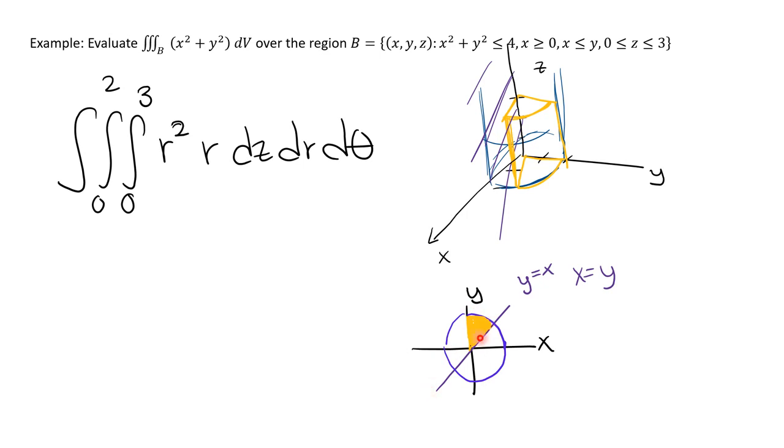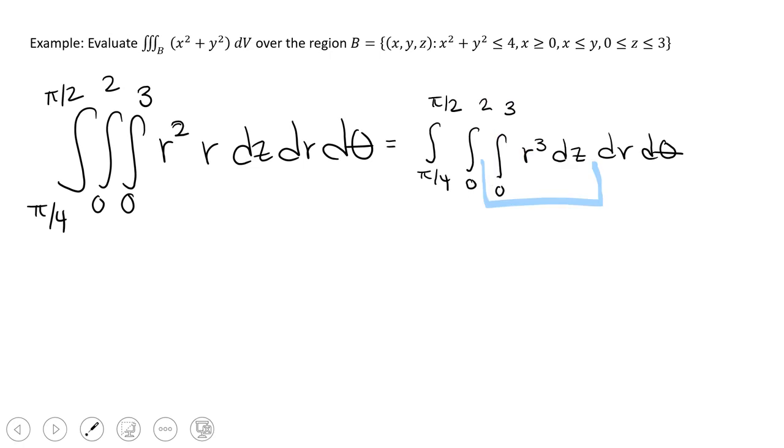That inequality, x is less than or equal to y, is talking about above the line. It does also say x is bigger than or equal to 0, and so that's why I just drew this little piece of pizza in quadrant 1. Okay, so that's the region that we're thinking about in the xy plane.